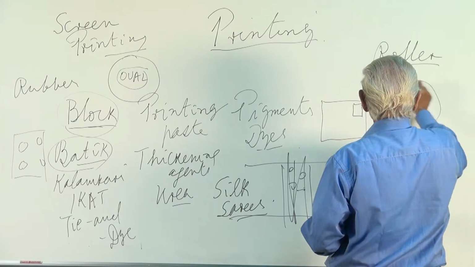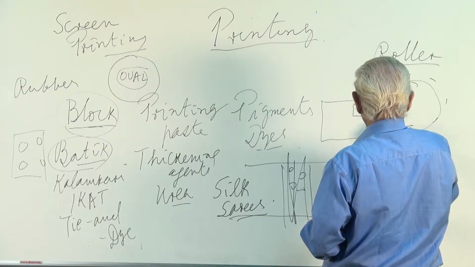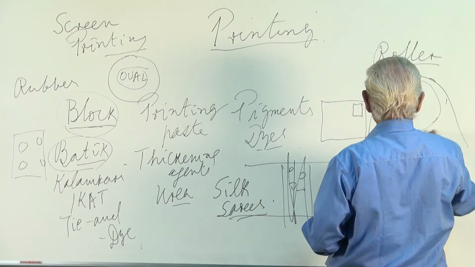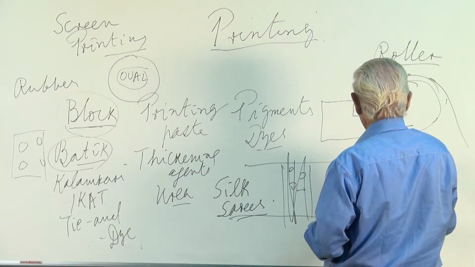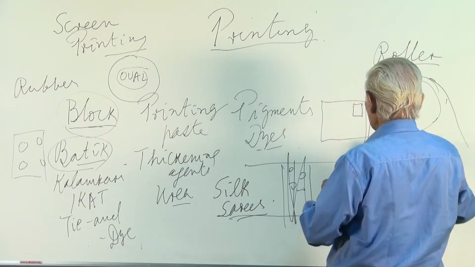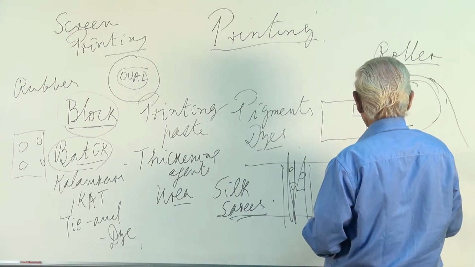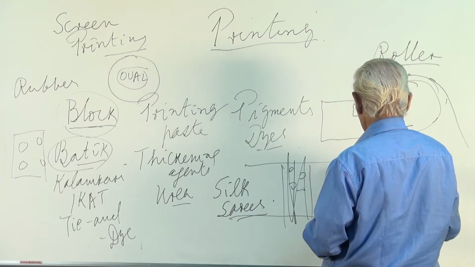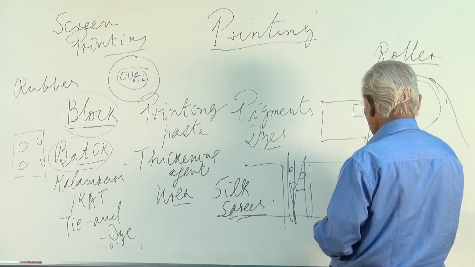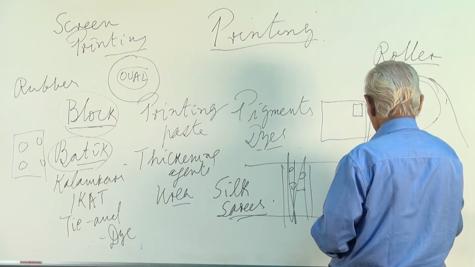We have a roller which is engraved with a design. So when a fabric is passed on to that, the fabric gets the design, and it is having a higher production also, because the prints are applied onto the material at a faster rate. The same roller printing is called rotary screen printing.